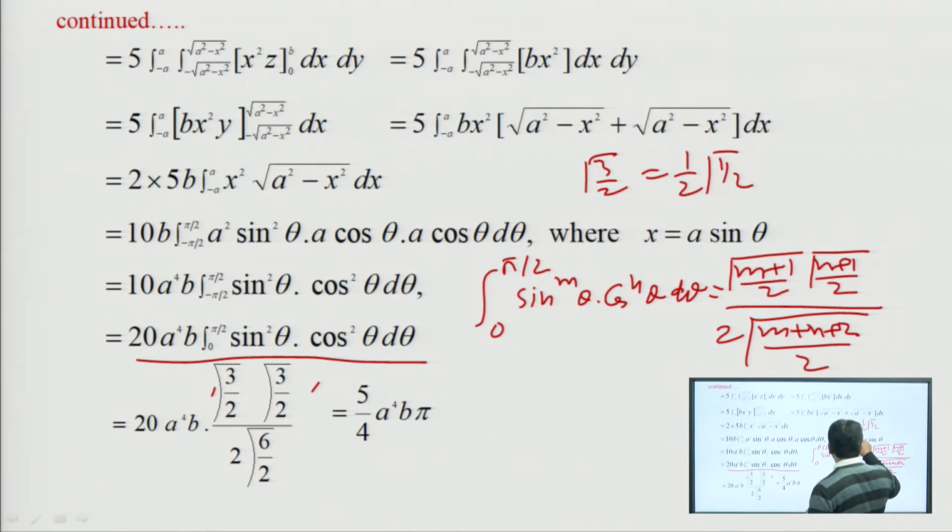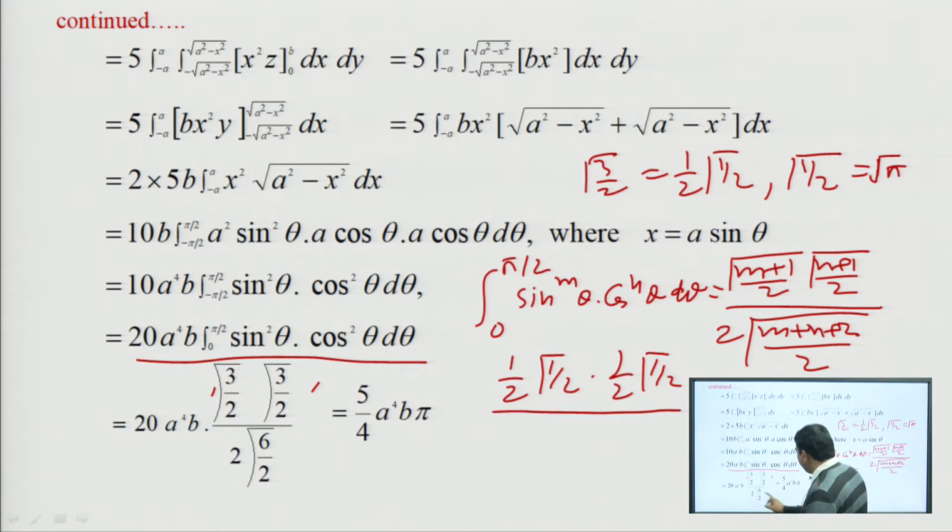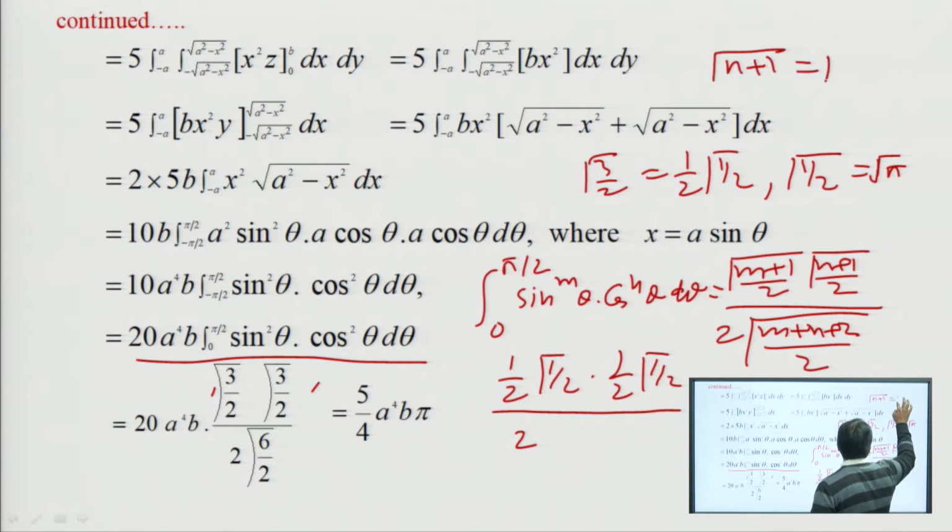So, this becomes 1 by 2 gamma 1 by 2 into 1 by 2 gamma 1 by 2, and gamma 1 by 2 is equal to root pi, and in the denominator we will get 2 into gamma 3, and gamma n plus 1 is equal to factorial n. So, this becomes 2 into factorial 2.